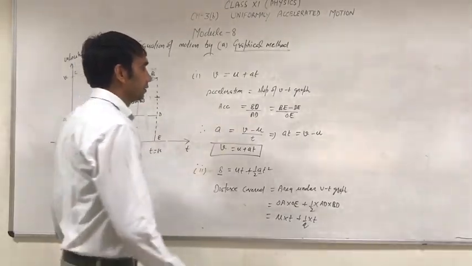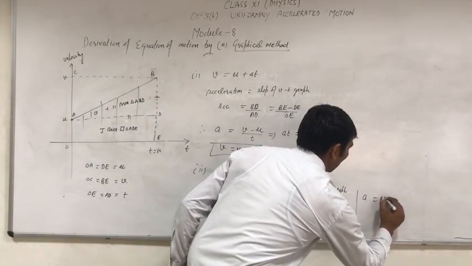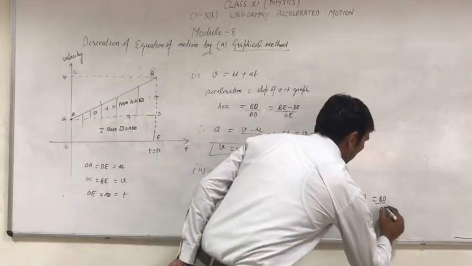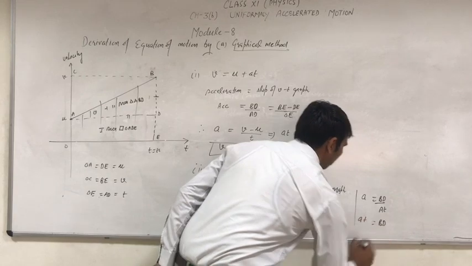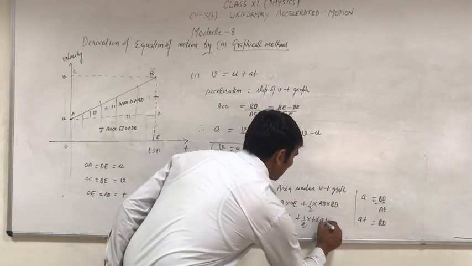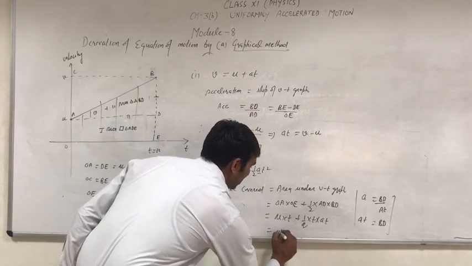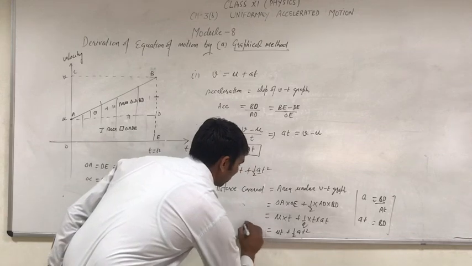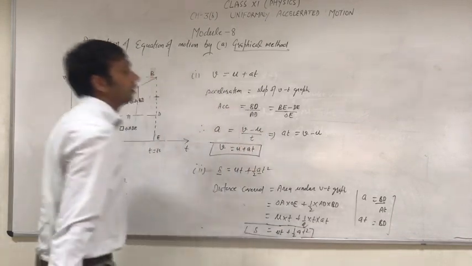BD divided by AD is equal to a, so BD is equal to a into t. That is equal to ut plus half at square. This is the second equation.